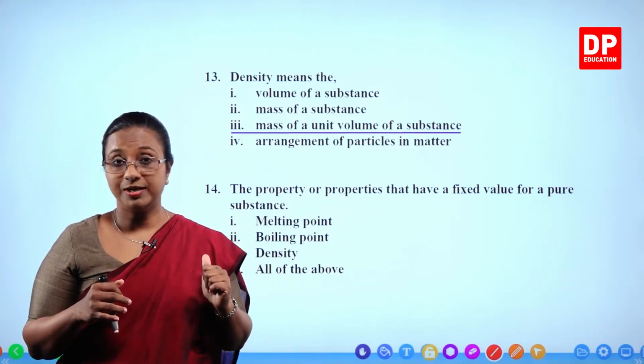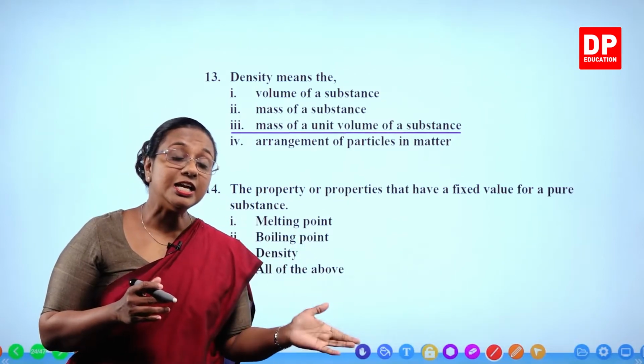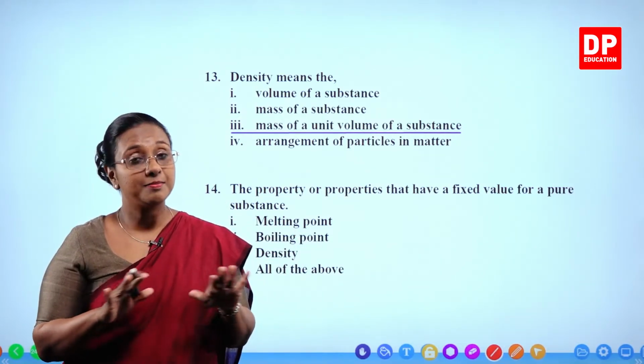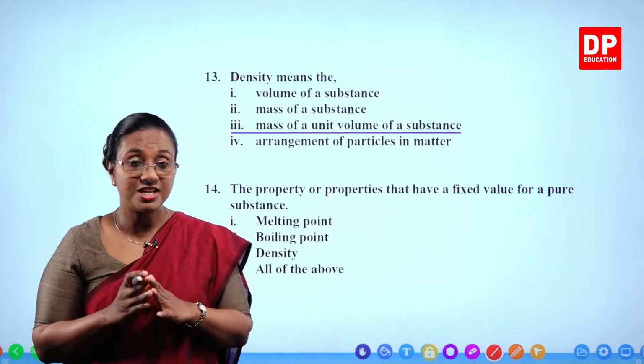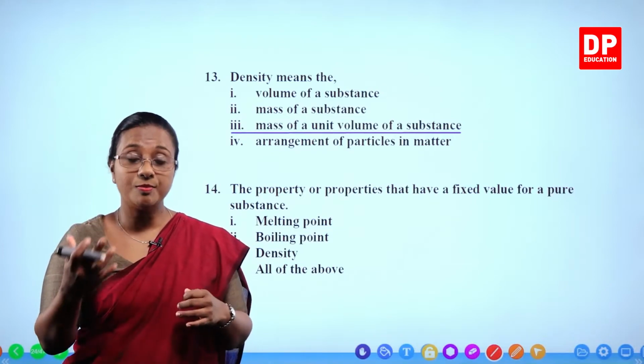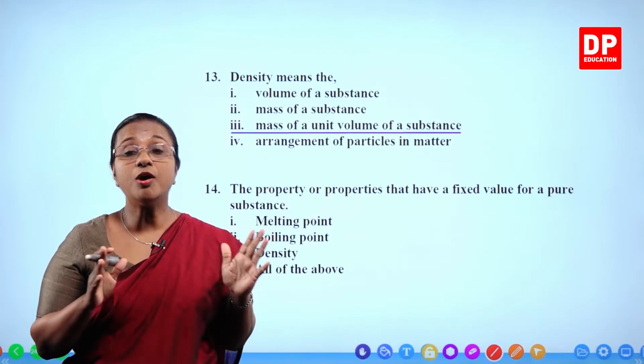That is melting point. Then you have boiling point, the temperature at which a liquid becomes a gas. Again, while providing heat, the temperature doesn't change and the state change takes place. And at standard atmospheric pressure, we normally say the boiling point, and that is also a fixed value for pure substances.